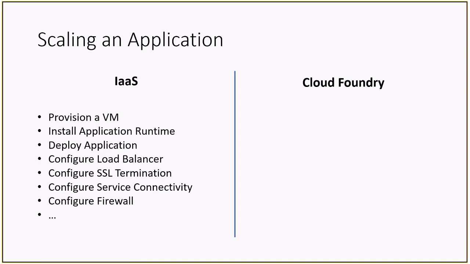You do pretty much the same thing. Again, the list is not complete, but in Cloud Foundry, all you have to do is say cf scale, and that's pretty much all you have to do.